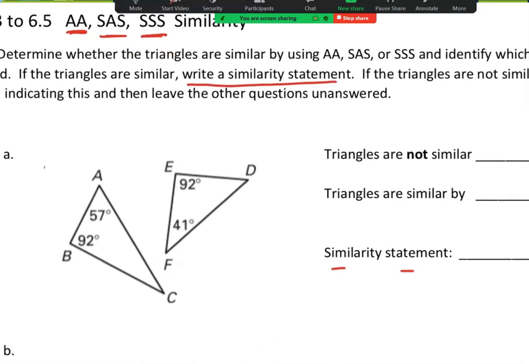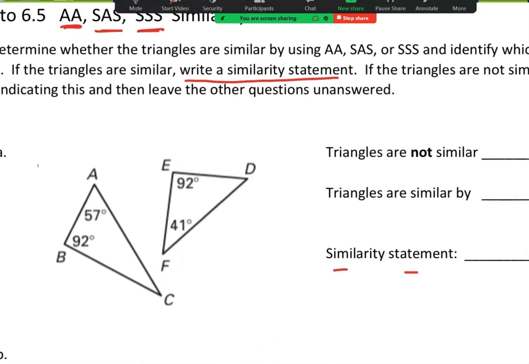Okay. Look at this first situation. I have only angles. So I need to have angle-angle similarity if these shapes are similar. I have no information about the sides. I can't make assumptions. In both situations, I have a missing angle. So how many degrees are inside a triangle? 180.